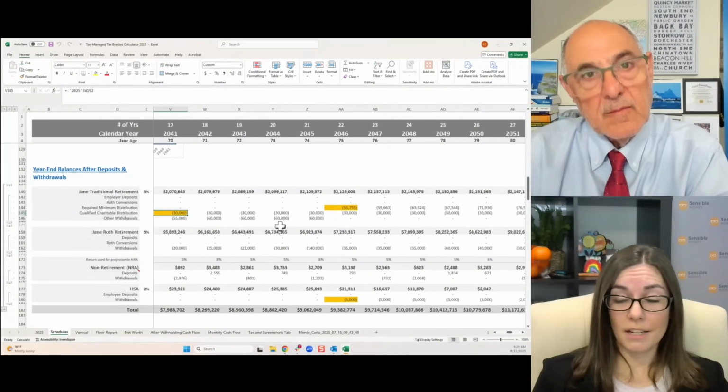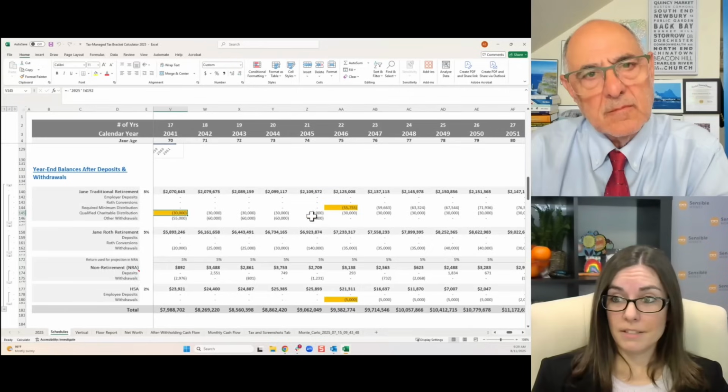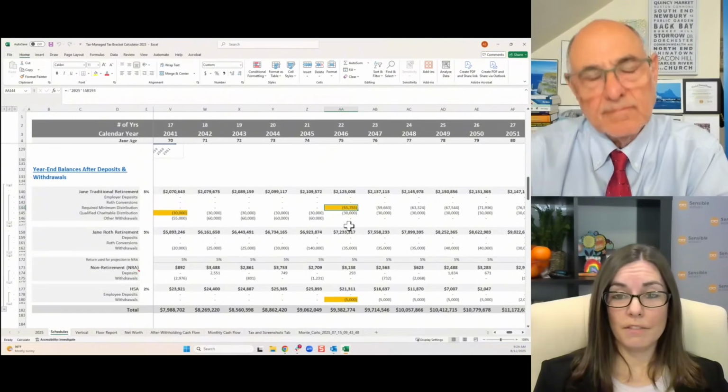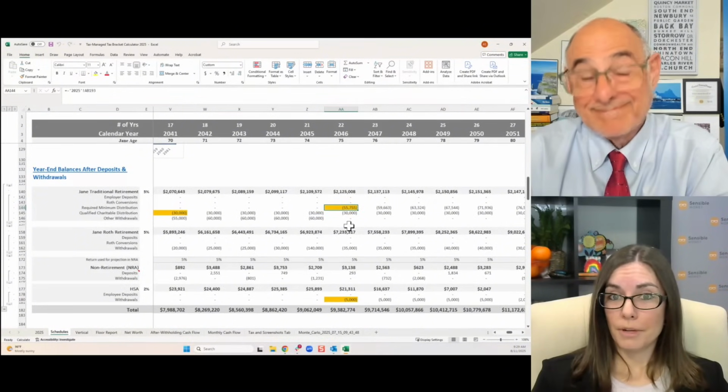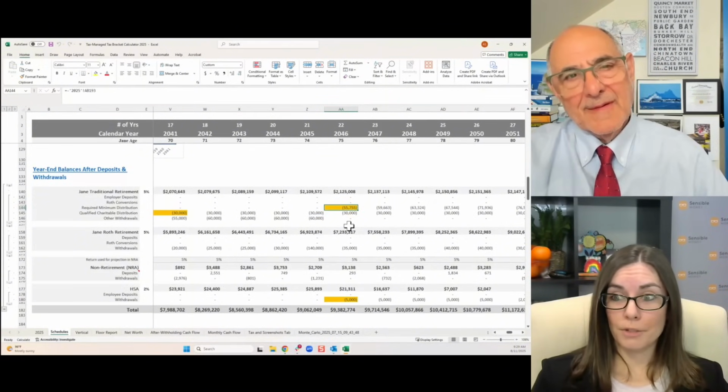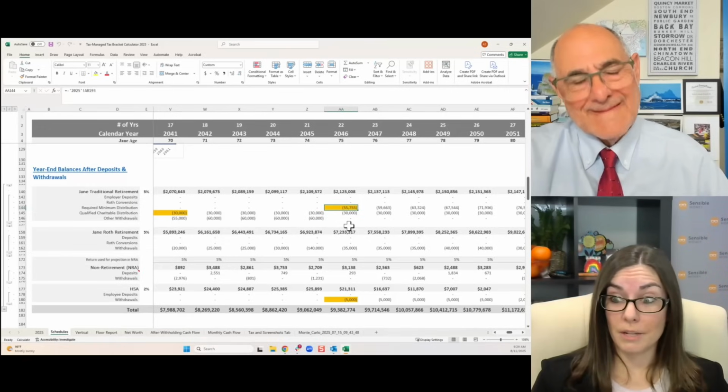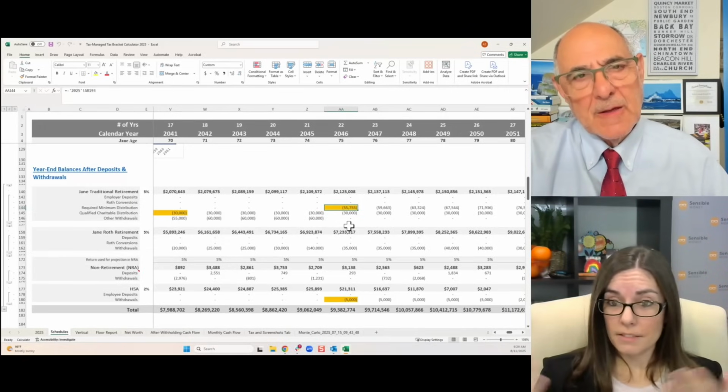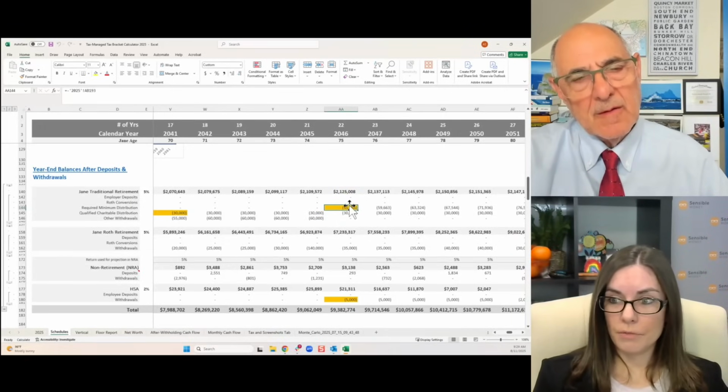She doesn't have to pay tax on it. Then as she gets to age 75, RMDs start. After accounting for some money going to charity, she only has a remaining RMD of about $55,000. If you remember from our last version with no tax planning, her first RMD was $250,000. So that's a change here. We've reduced that future RMD.